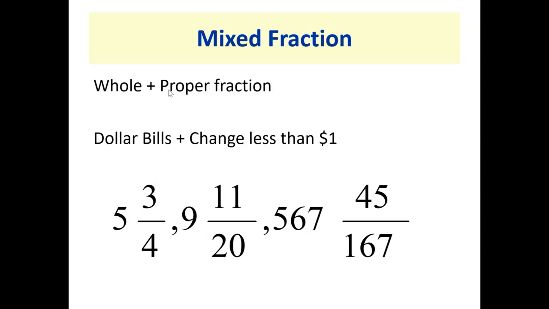So here you can easily see the $5 and 3/4, which was 75 cents. So a mixed fraction shows the dollar bills clearly and then the change. In the next slide, we will learn how to change improper into mixed fraction and mixed fraction into improper.